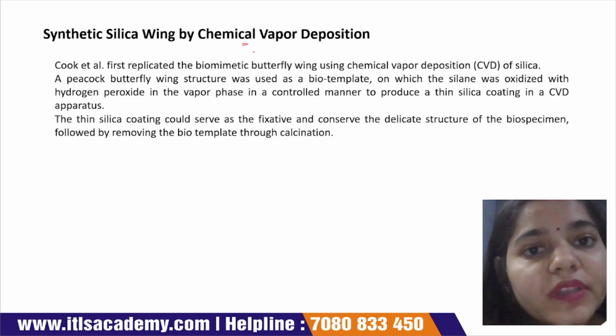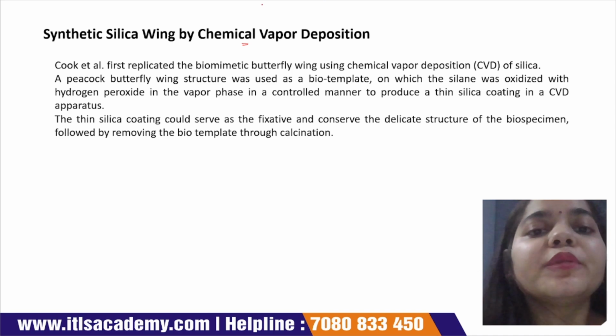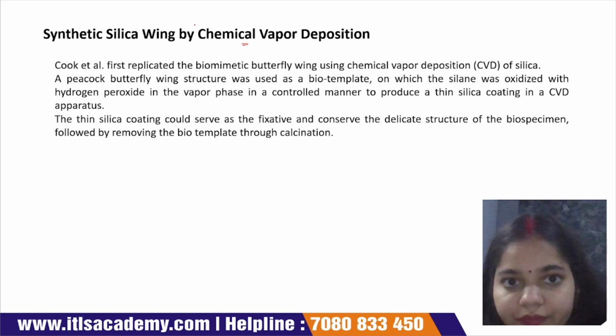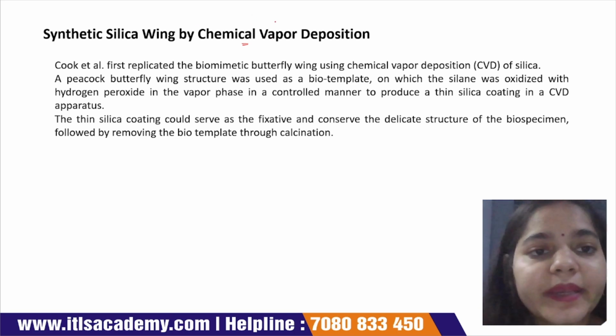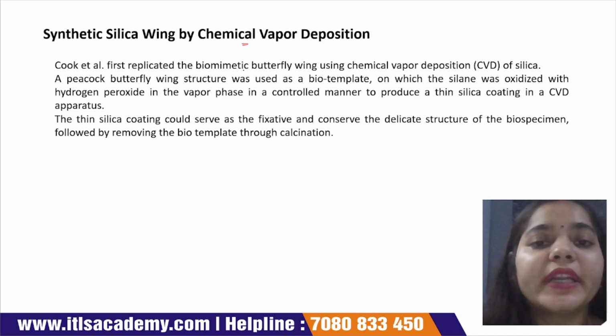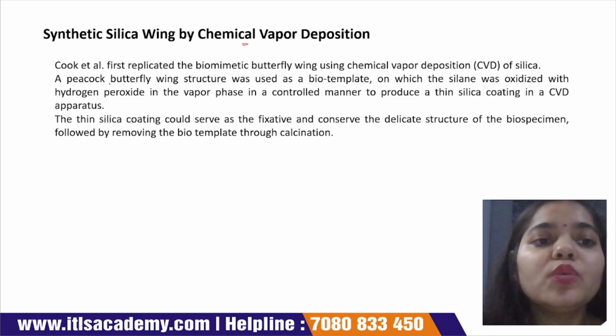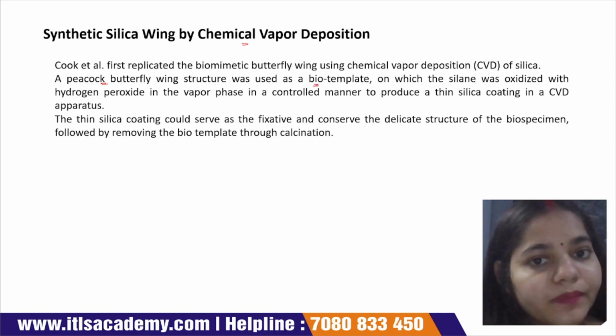With the help of this chemical vapor deposition method, we design the synthetic silica wings. Cook and his colleagues first replicated the biomimetic butterfly wings using chemical vapor deposition on silica. For this process, they used peacock butterfly wings as a bio template.